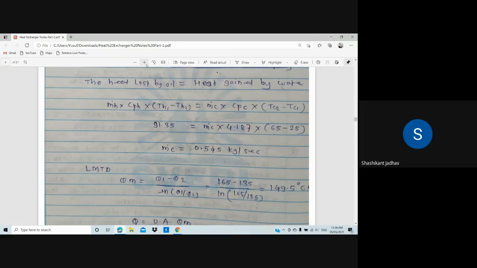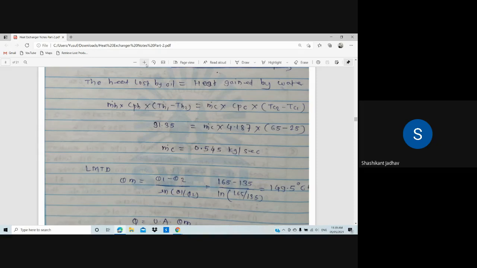Theta 1 is the temperature difference at the left hand side. Which temperatures are at the left hand side? TH1 and TC2. What is the value of TH1? TH1 is 230, and the value of TC2 is 65. So 230 minus 65 is theta 1, and we get the answer as 165.